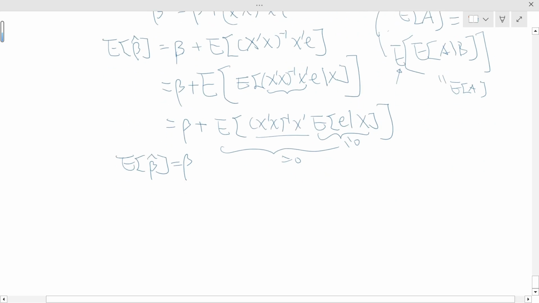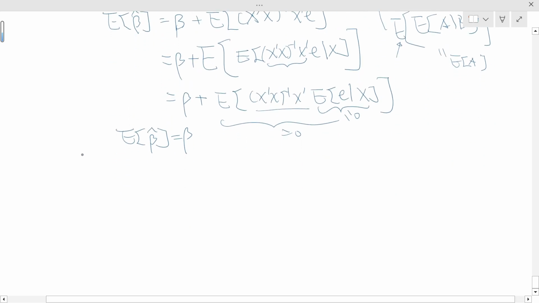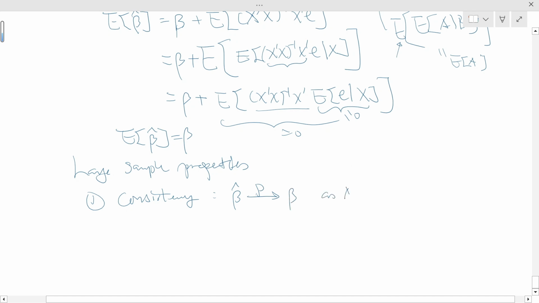Let's look at large sample properties. We are interested in two things. First is consistency. This means that beta hat should converge in probability to the true value beta as the sample size n goes to infinity.